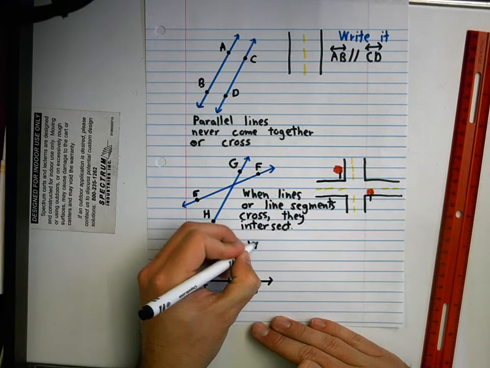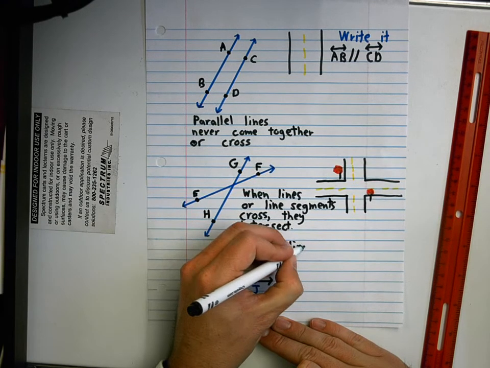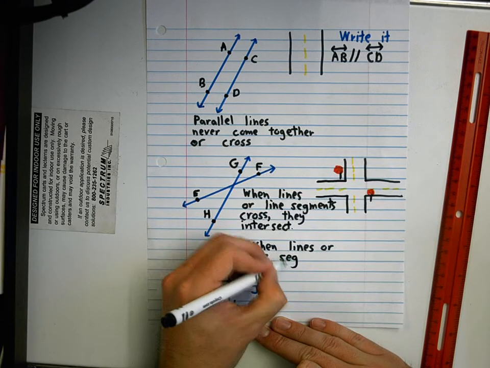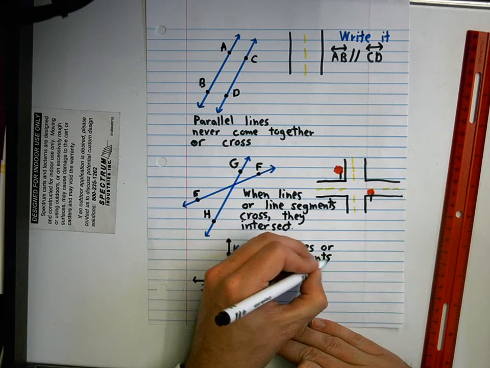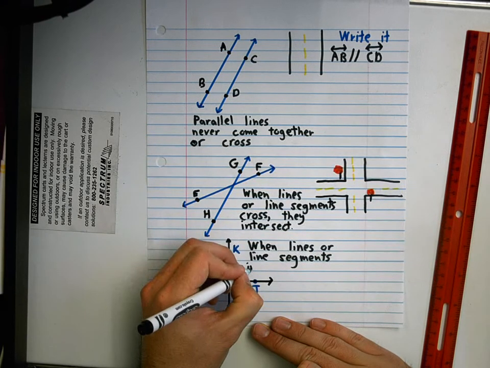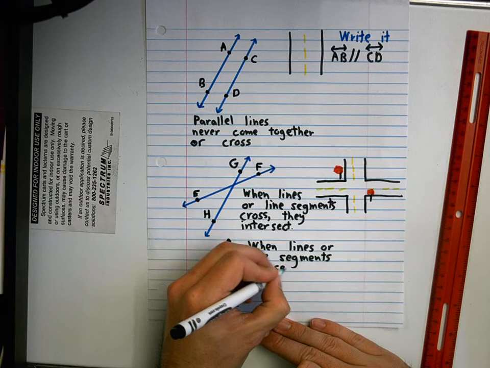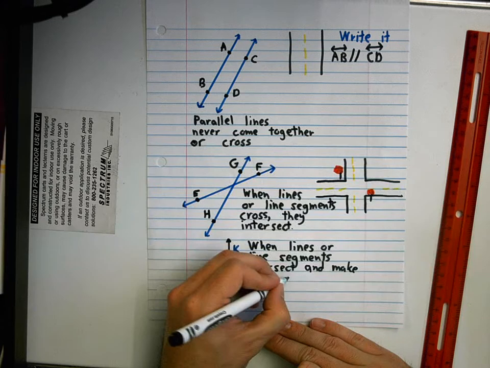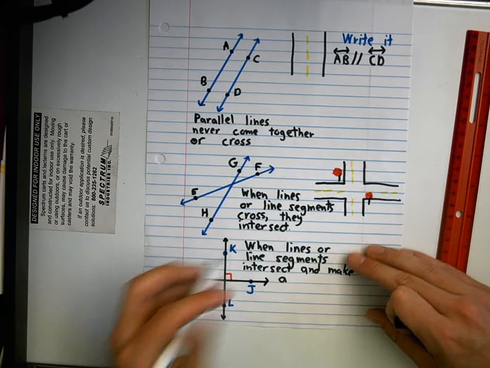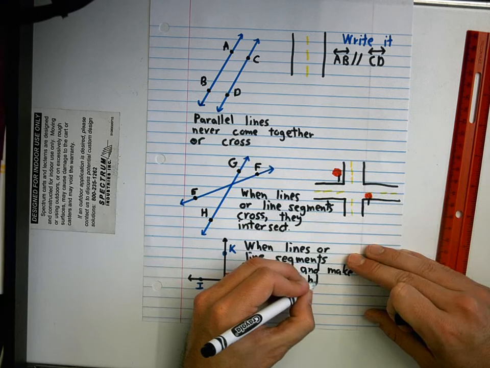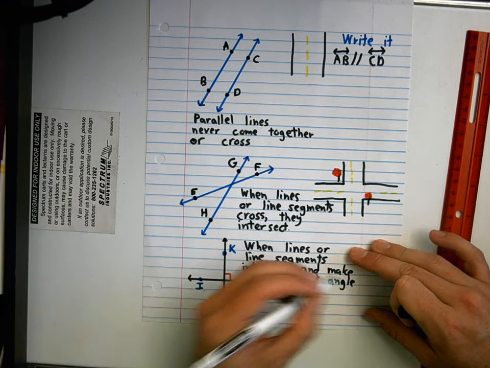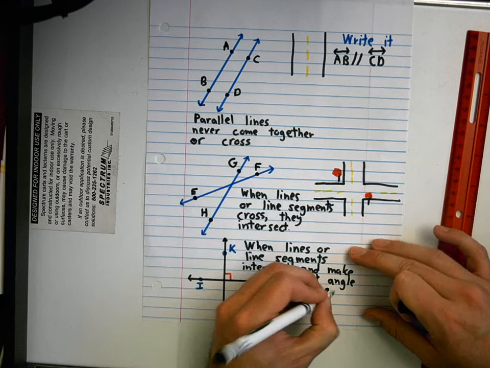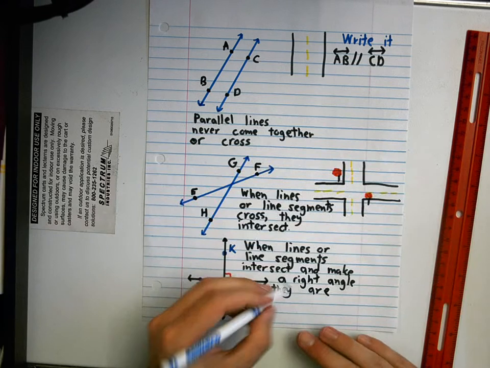So, when lines or line segments intersect and make a right angle, they are, let me use the color right here so you know, perpendicular.